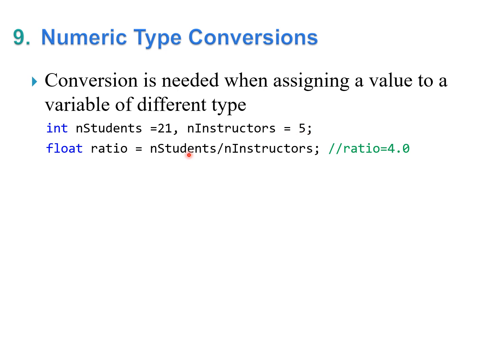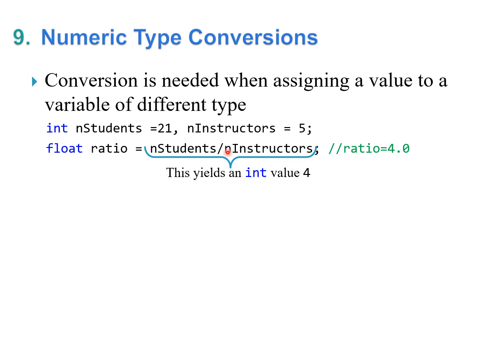Then the ratio of students over instructors is calculated as nStudents divided by nInstructors, and we store the result in the variable ratio, which is of type float, because we want a floating point value for the division. However, recall that integer division uses the integer quotient only.